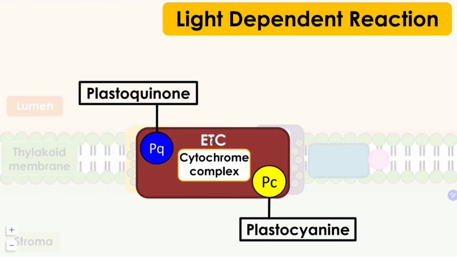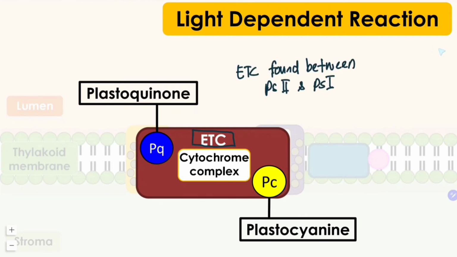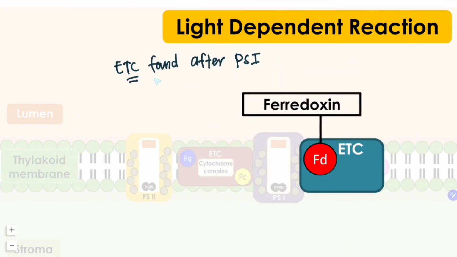Next component is the electron transport chain. The electron transport chain found between PS2 and PS1 contains plastoquinone or PQ, cytochrome complexes, and plastocyanin PC. The second ETC is found after PS1. This ETC only contains ferredoxin.